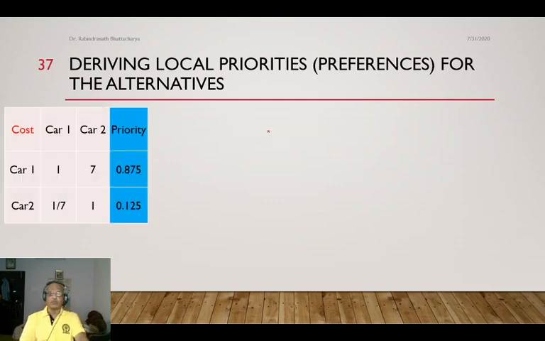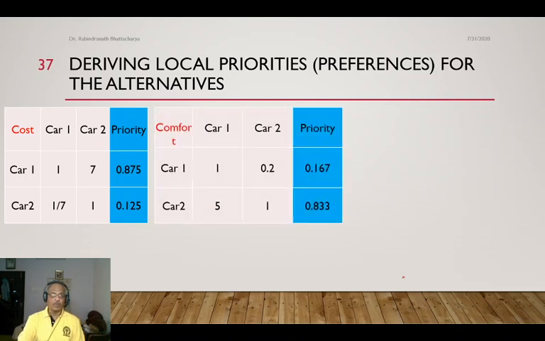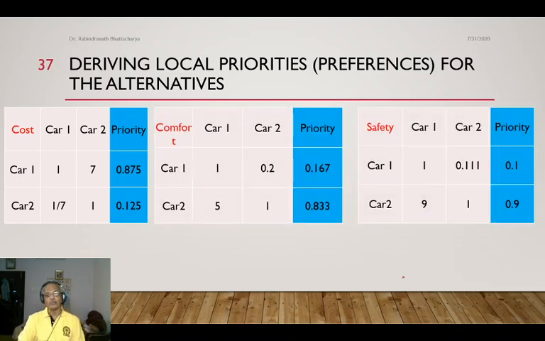Now the question comes, once we have given the weightage of the criteria, how to select the car. For cost, we'll have to compare car to car, that is, alternative to alternative. That means car 1 to car 2. What is the importance level? For cost we'll have to find out, and then for comfort, then for style.